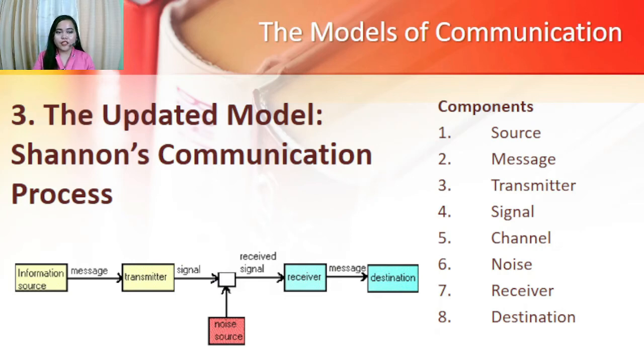Third is the transmitter. This component is the material or instrument used to relay the message. If it is face-to-face, there are two layers of transmitter: first, the use of your mouth or the language, and the other layer is the use of body language.